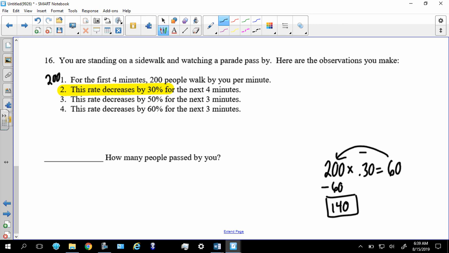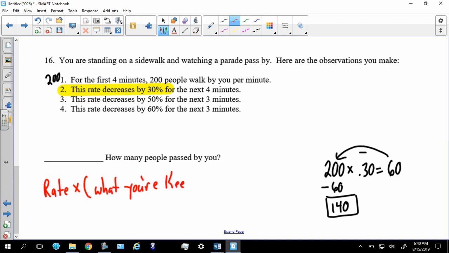If you're still having trouble with this, then look at it from this perspective. I'll write this in red here: multiply the rate by what you're keeping.